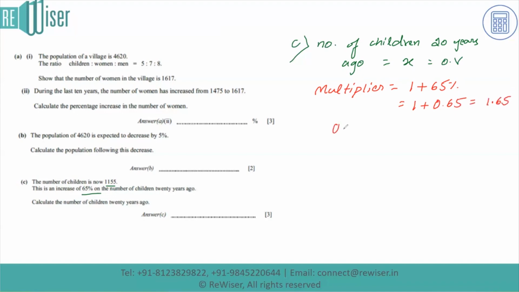And we can use the relationship that original value times multiplier is equal to the new value. The original value here is unknown, which is X. The multiplier is 1.65 and the new value is 1155. When we do this, we get the value of X to be 1155 divided by 1.65.